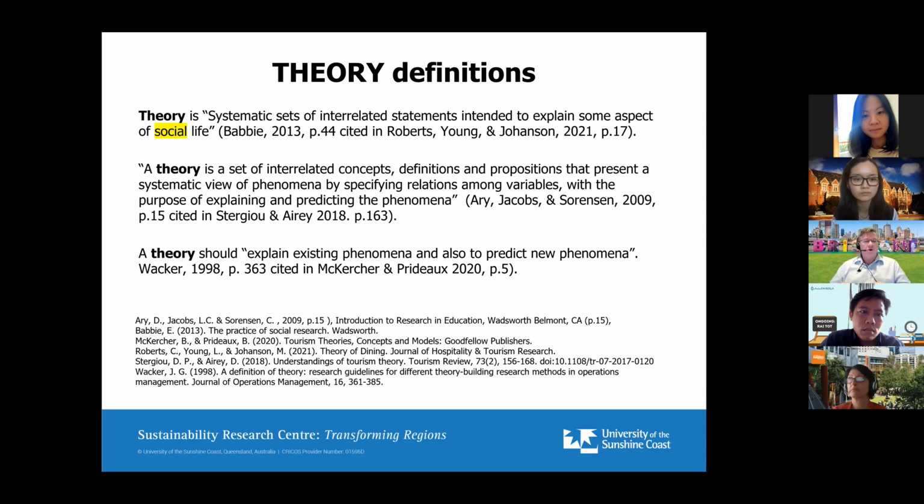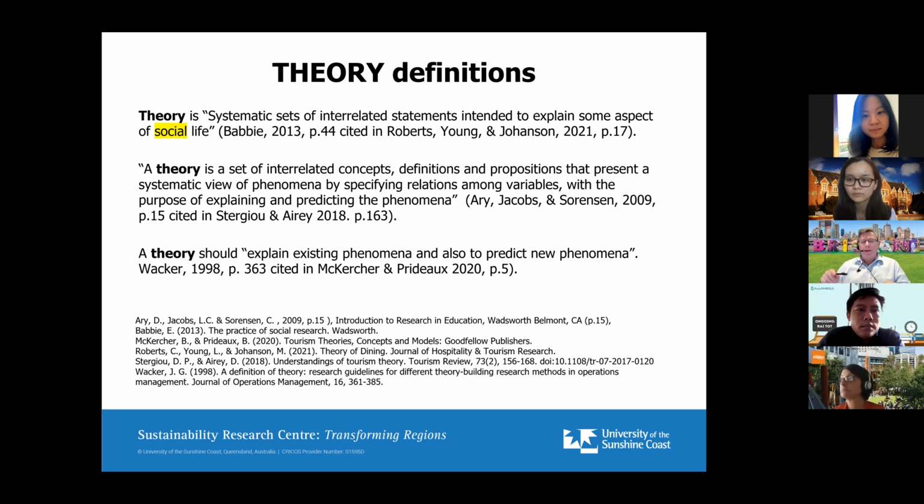Another one, so McKercher and Prideaux quote a guy from organizational behavior, I think, in 1998, who said explaining any existing phenomena and also how to predict new phenomena. All right.